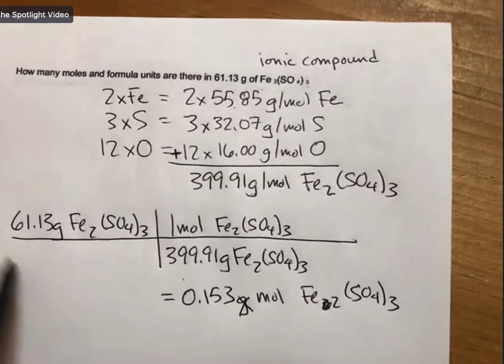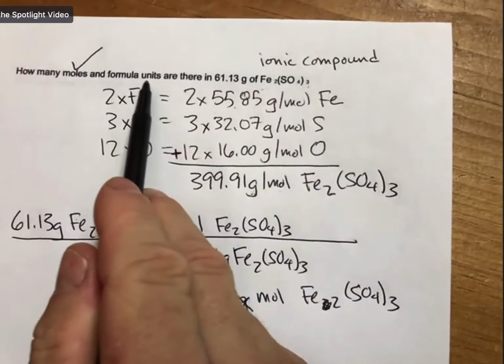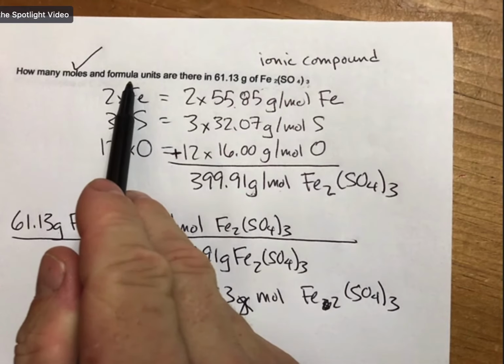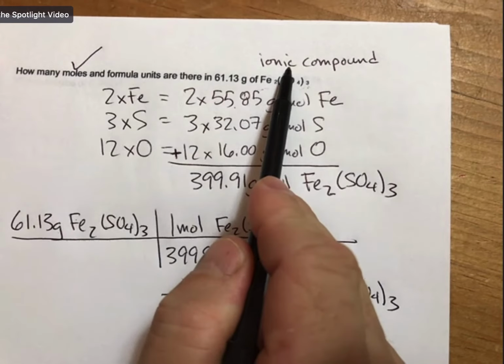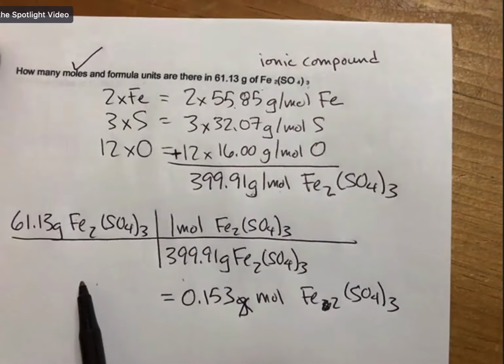All right, come back to my question. How many moles? Check. And formula units? Well, again, let's do the formula units one. For ionic compounds, there are Avogadro's number of formula units in 1 mole.